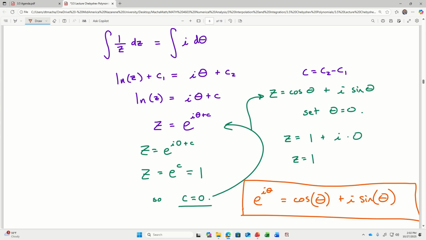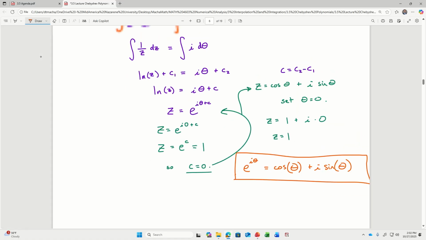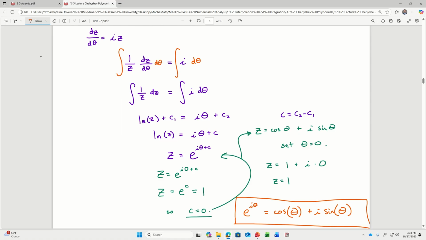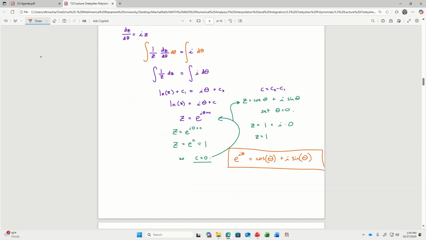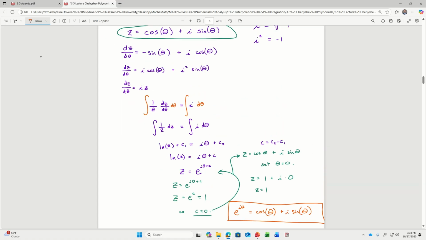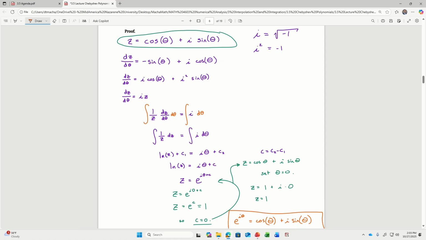This is called Euler's formula, and I really, really like this proof personally because I think it's easy to remember. Whenever I memorize a proof, I'm not memorizing every single step; I just remember what the big decision points are. The first decision point is writing z equals the right side of Euler's formula.